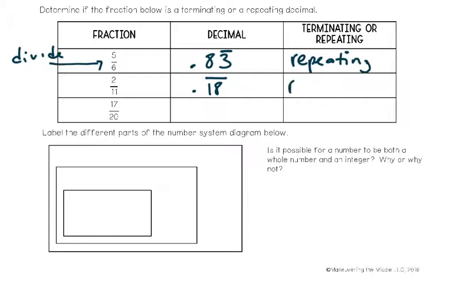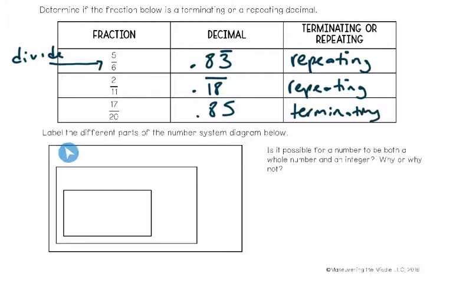This is another type of repeating decimal. So go ahead and try the next one by yourself and then press play when you think you have it. So you have 17/20. That line means divide, and you're going to recognize that 17/20 is the same thing as 0.85, but there's nothing after the 5. There's just zeros. This is a terminating decimal. It comes to an end.